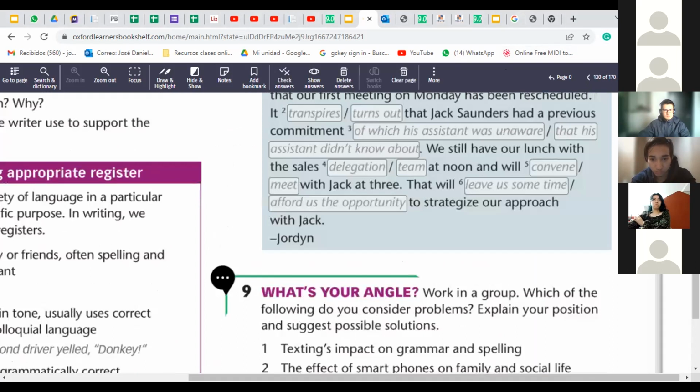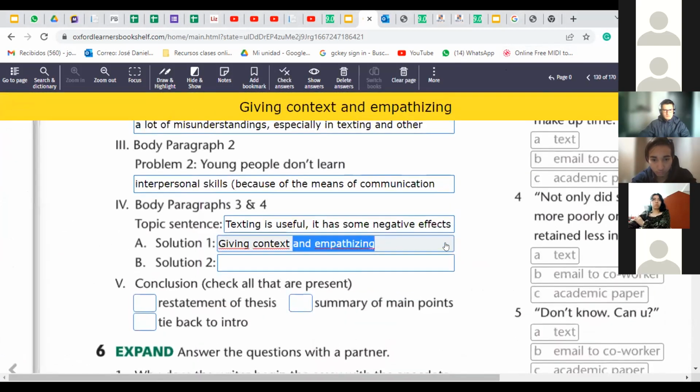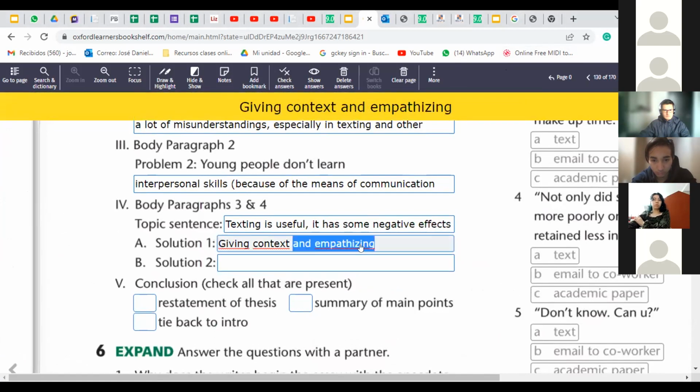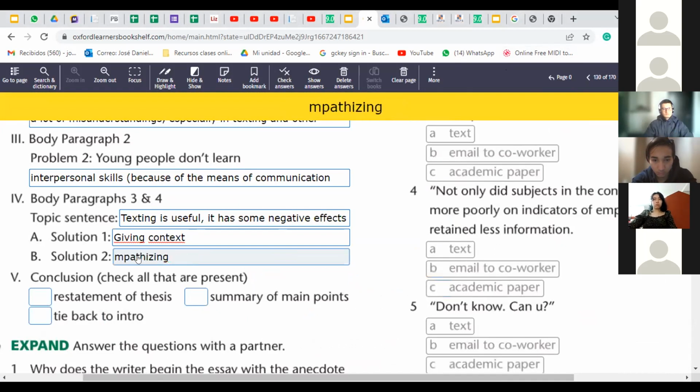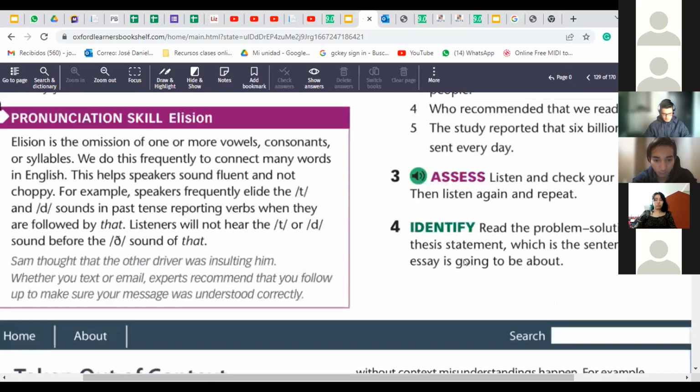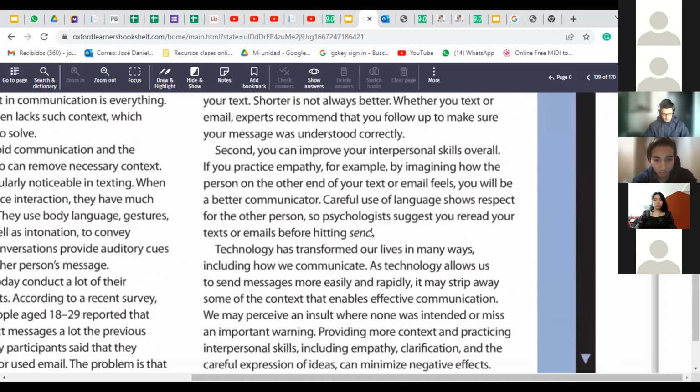You're right. So providing context was solution number 1. And then empathizing basically was solution number 2, or at least a part of it. Empathizing and what else? In this part.